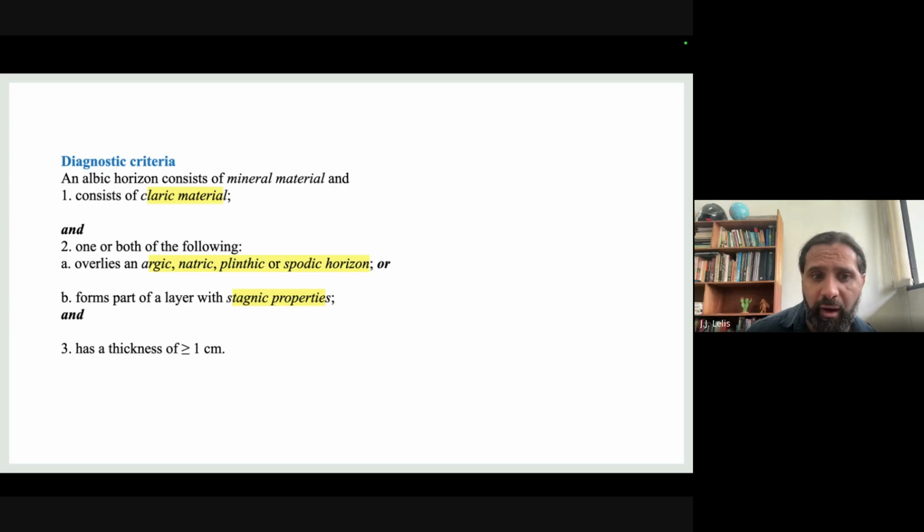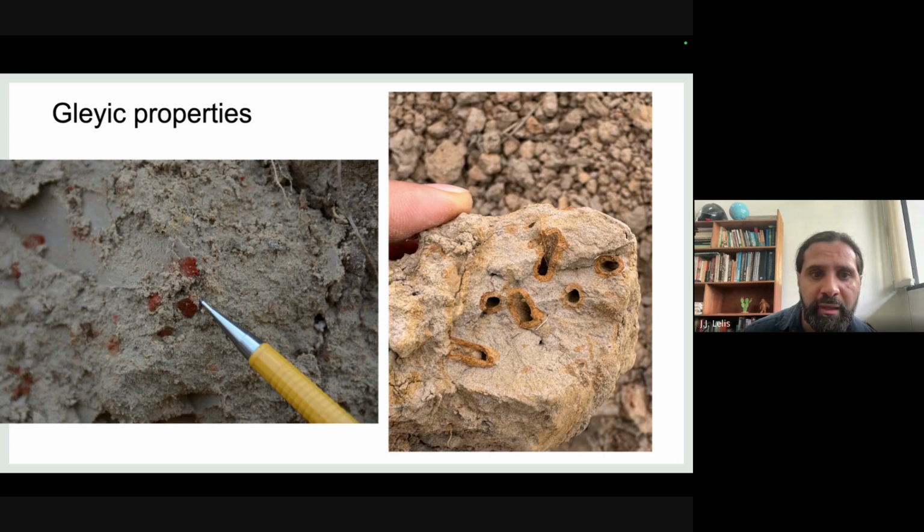So let's see what stagnic properties are, okay? Here we have the gleyic properties that are much more common, and we are usually more used to them. Gleyic properties are connected to features that express the water table fluctuation, okay?